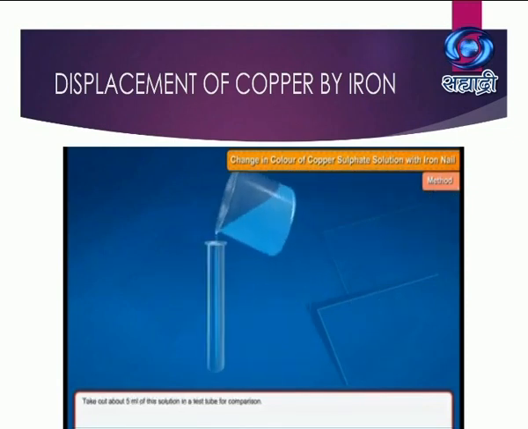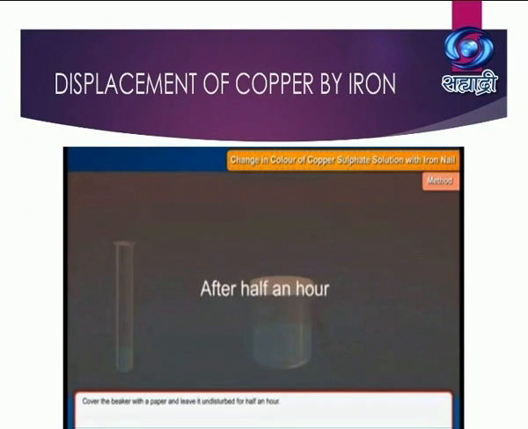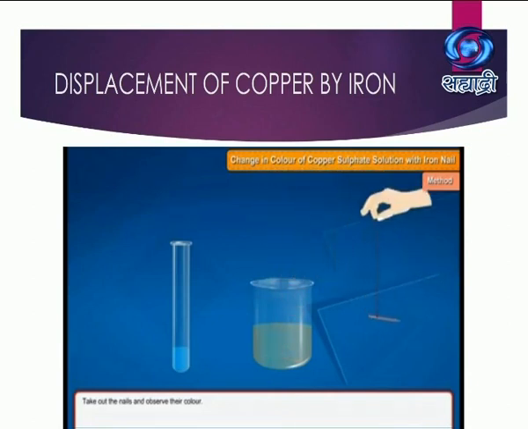Take out about 5 ml of the solution in a test tube for comparison. To the rest of the copper sulfate solution in the beaker, add 2 lightly polished iron nails. Cover the beaker with a paper and leave it undisturbed for half an hour. Now compare the color of the copper sulfate solution with the test sample in the test tube. Take out the nails and observe their color.